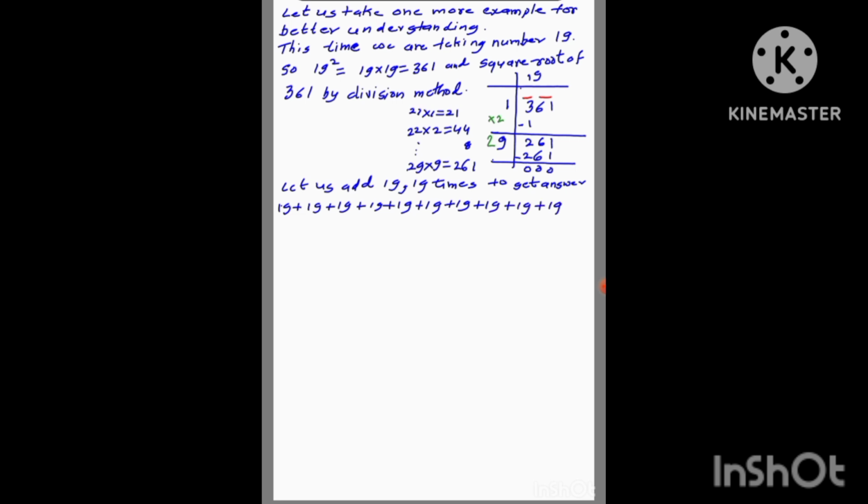This is because there is some similarity between this and long division method, and that will give us idea why we have multiplied that divisor 1 by 2. Now replacing this 19 as 10 plus 9. So all 19 will have 10 plus 9, that is 10 plus 9 plus 10 plus 9, 19 times.